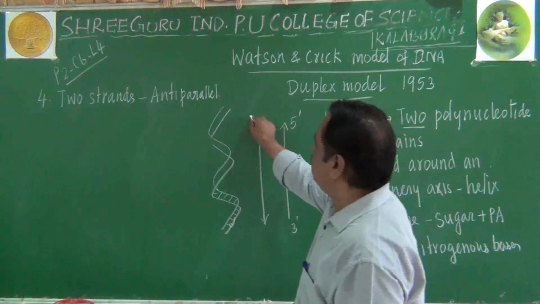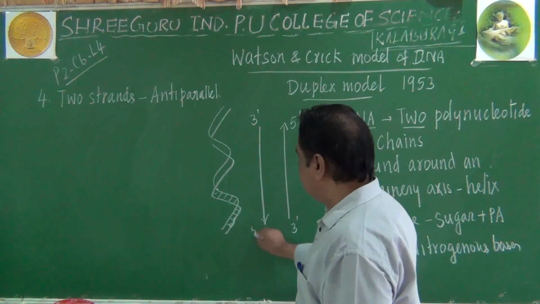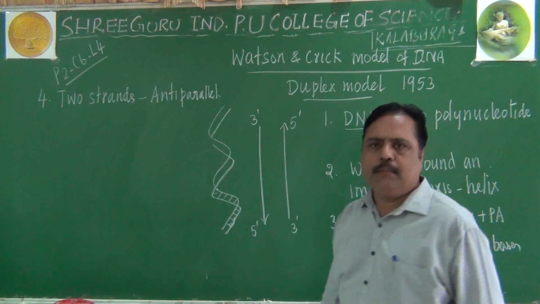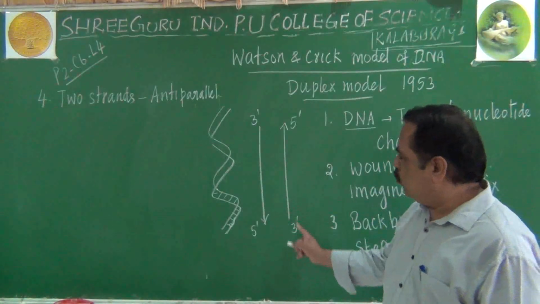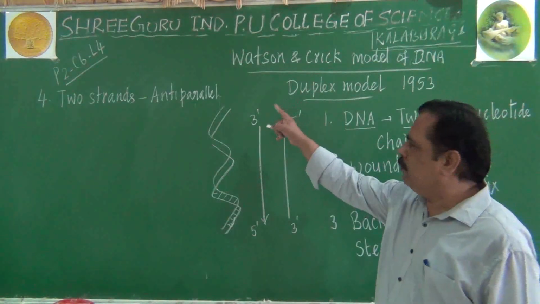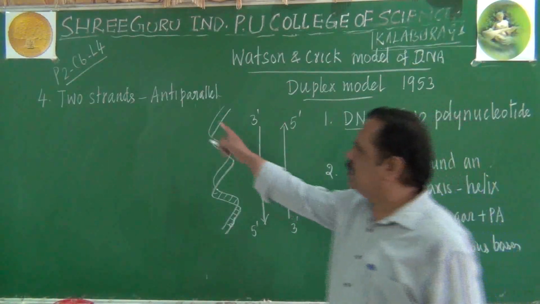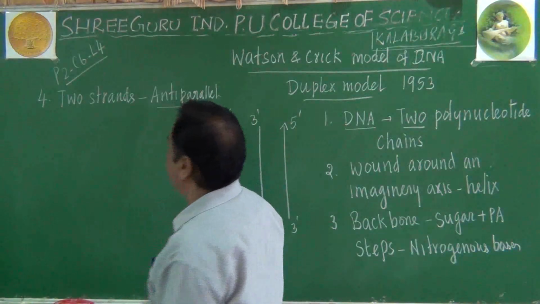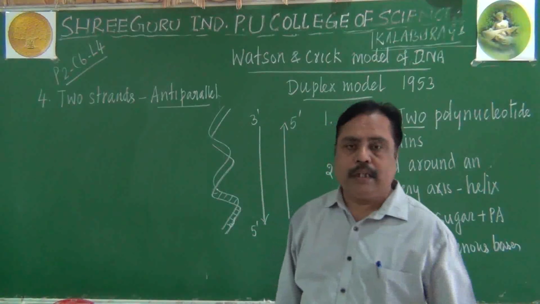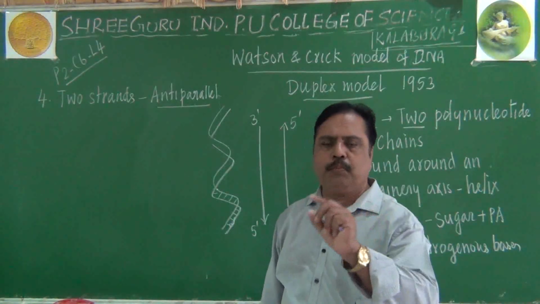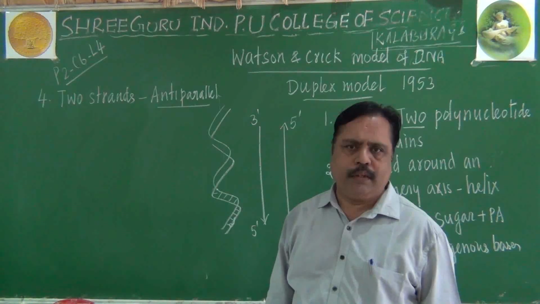When they face downwardly, this will become the 3' end, this will become the 5' end. Remember this point. So when one chain is facing upwardly, another chain is facing downwardly. This condition is called anti-parallelity. That is the important idea proposed by Watson and Crick.